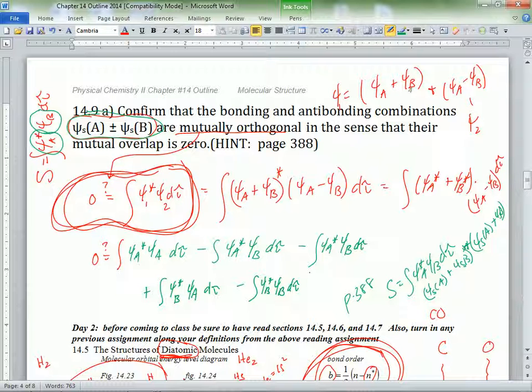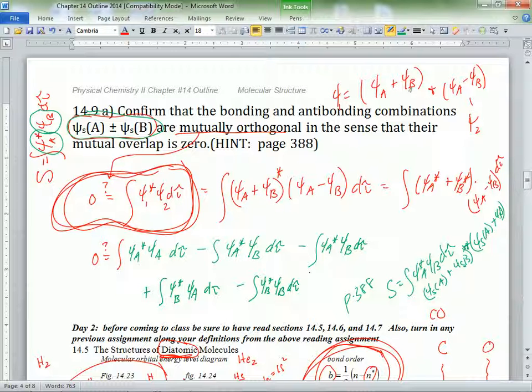Okay, now there's another assumption here, but I guess you got to get that from the reading, page 388. These are supposed to be, for example, atomic orbitals, and they're not picking just any atomic orbitals. They're picking those mutually orthogonal atomic orbitals. In other words, if you remember the talk about that, it makes the math so much easier for these computers and for us if we can do it by hand. What will this integral be? If it's normalized, and they are, they didn't just pick junky ones.